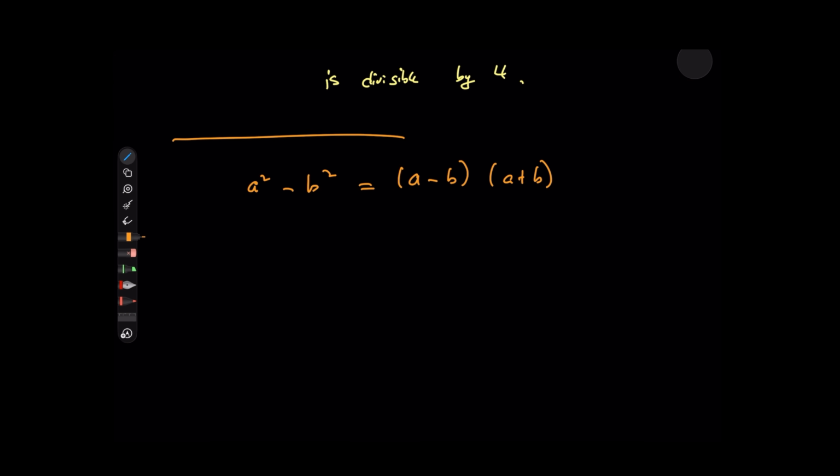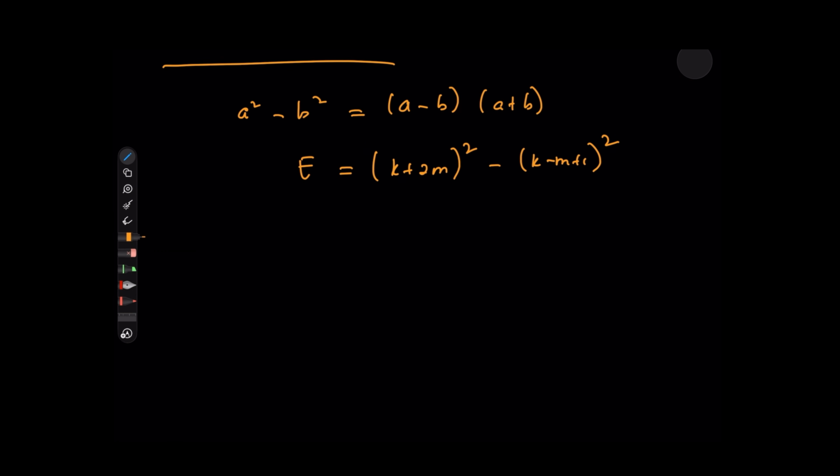So in my expression, let's call it something else. Let's call it e, because I already have a and b here. So let's call e (k plus 2m) all squared minus (k minus m plus 1) all squared. If I use the difference of two squares here, for me a would be equal to k plus 2m and b would be equal to k minus m plus 1.